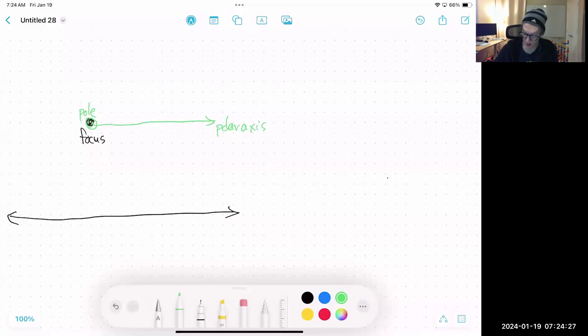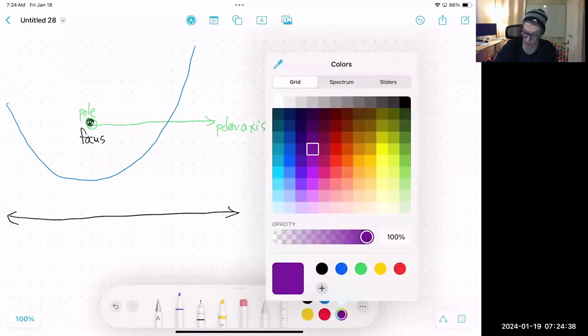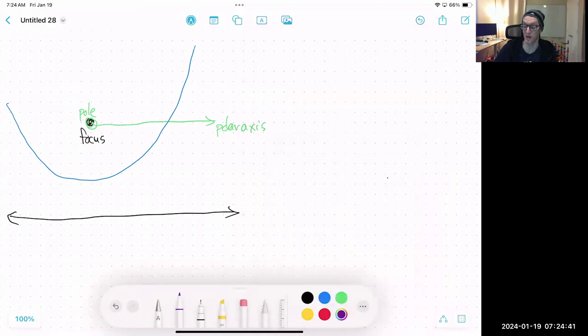Okay, and so how does this affect things? Well, you're still going to have some kind of conic, and you just repeat the whole process over again, which is to find the equation of this conic. We are doing it in polar coordinates, so we pick an arbitrary point on the arbitrary conic with polar coordinates r comma theta, and now we just find the equation in polar coordinates of this conic section in terms of the eccentricity.